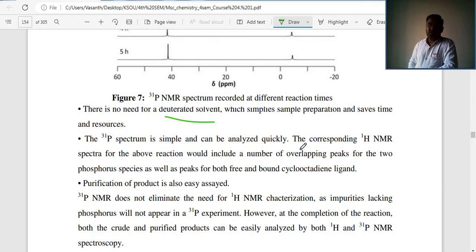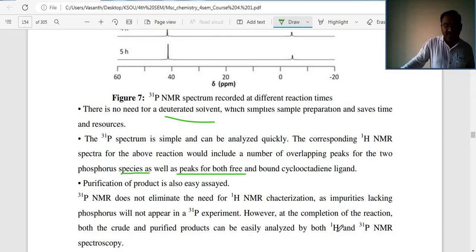The corresponding proton NMR spectra for the above reaction would include a number of overlapping peaks for the two phosphorus species as well as peaks for both free and bound cyclooctadiene ligand.